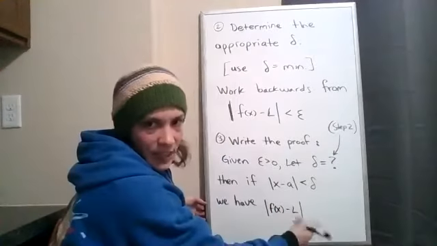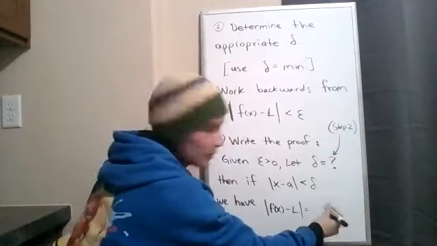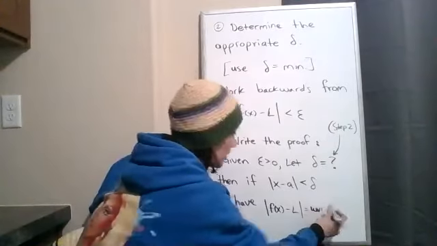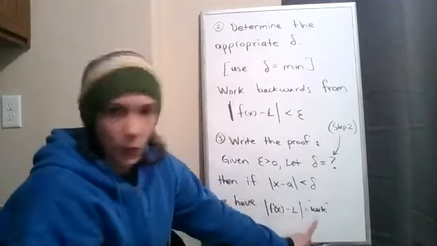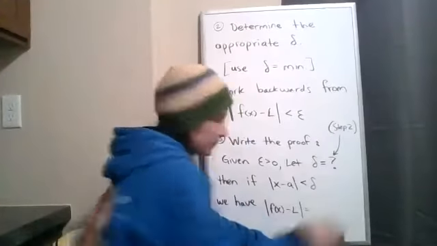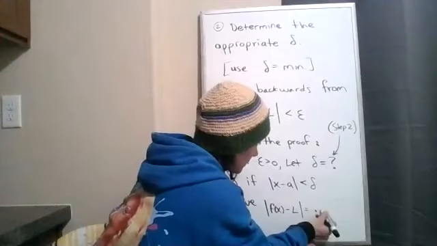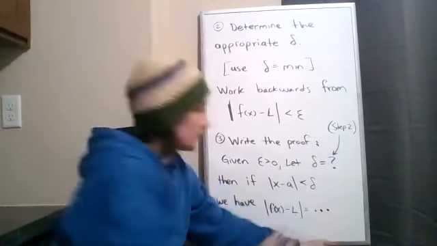And it should always end with less than epsilon. So equals work, less than epsilon. Work for scratch work, or just put dot, dot, dot. And then it should end with less than epsilon.